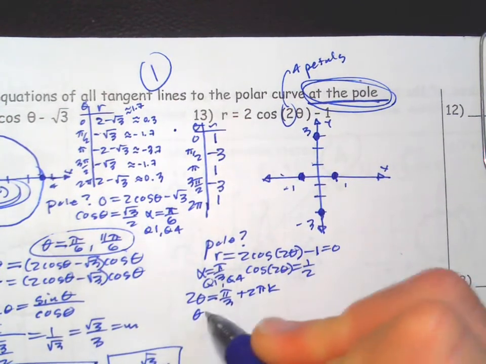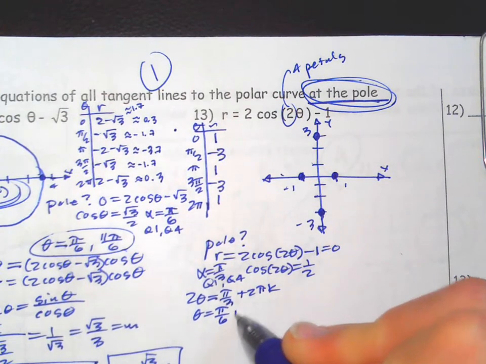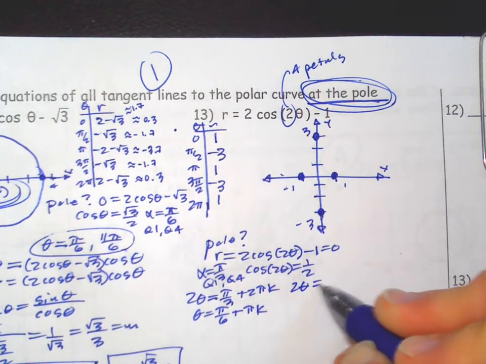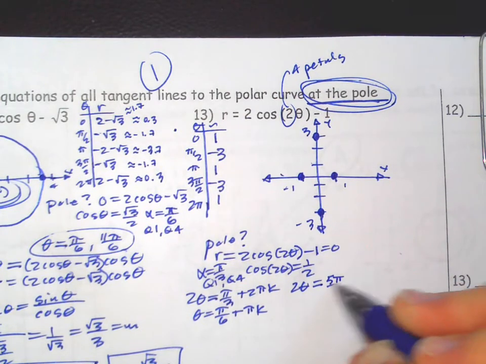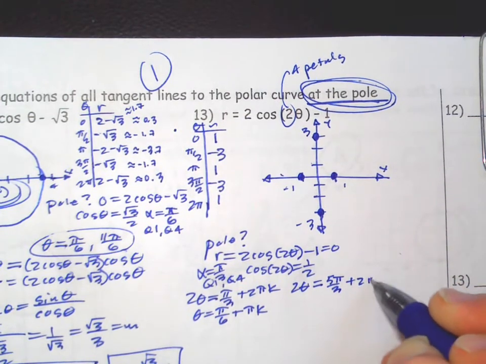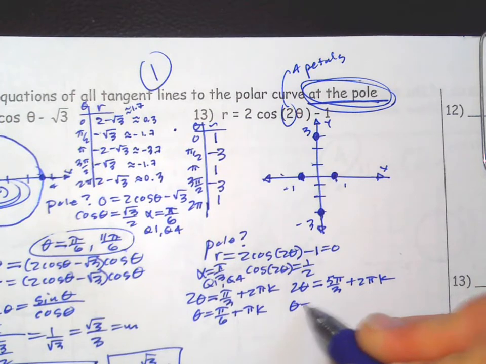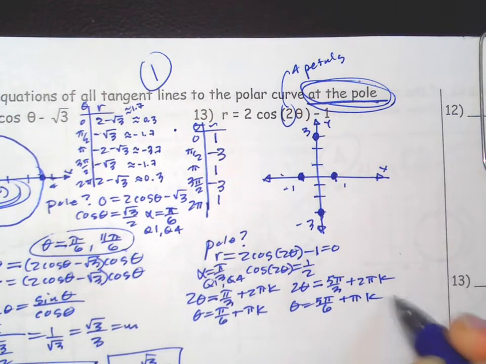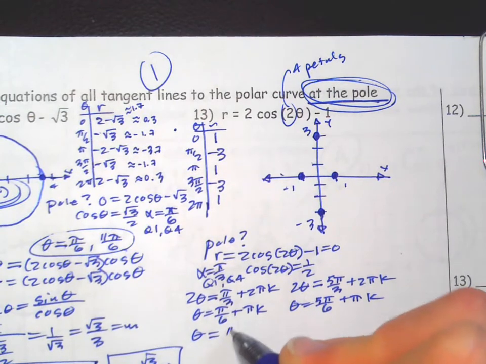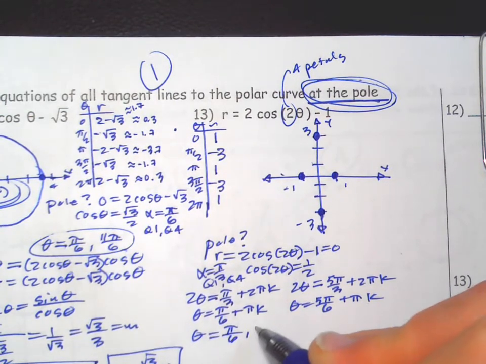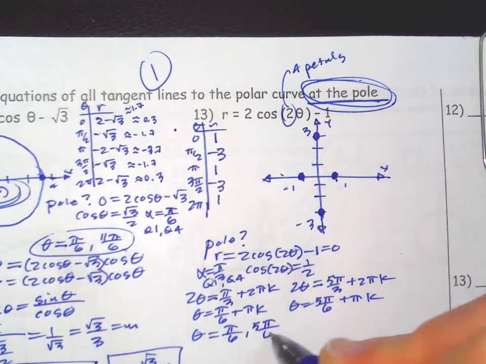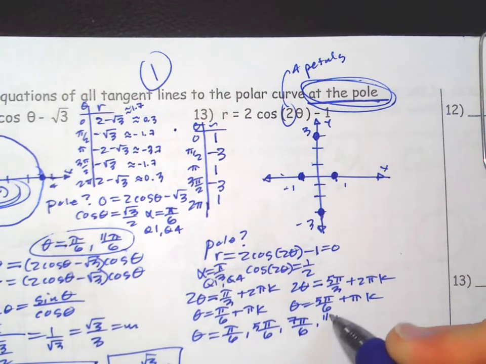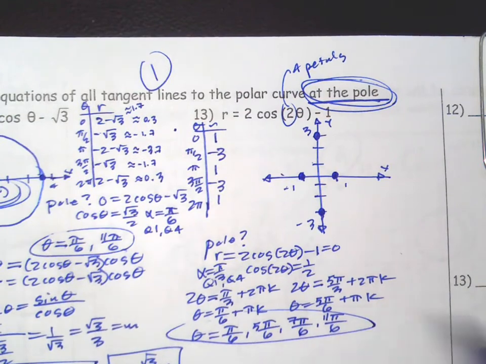So theta equals pi over 6 plus pi k. And 2 theta equals 5 pi over 3 plus 2 pi k, so theta equals 5 pi over 6 plus pi k. So we're going to have pi over 6, 5 pi over 6, 7 pi over 6, and 11 pi over 6. So it looks like potentially 4 places where it goes through the pole.